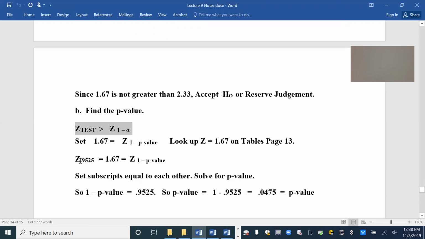So if I told you to look up the 0.9525 percentile, you'd say walk off 1.67. So these subscripts, you set them equal to each other. 1 minus p-value equals 0.9525. Solve for the p-value, and it's 0.0475.